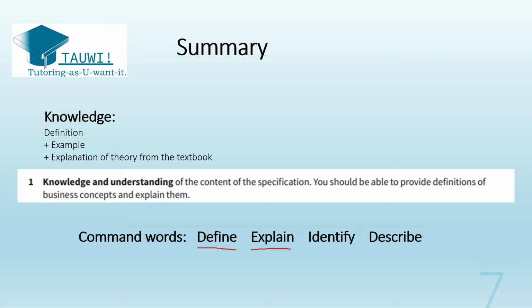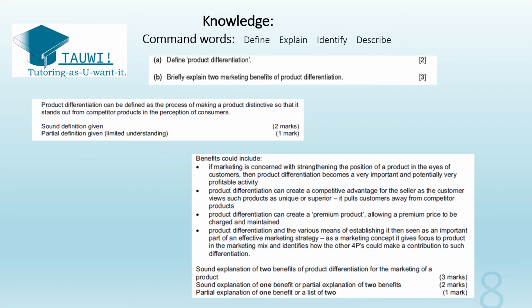Right, so let's do knowledge. And again, there we go. It's define product differentiation, briefly explain two marketing benefits. So simply remember to keep your explanations as thorough as possible.